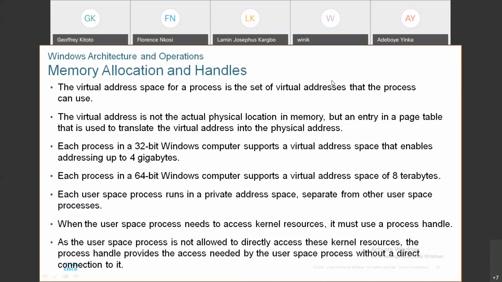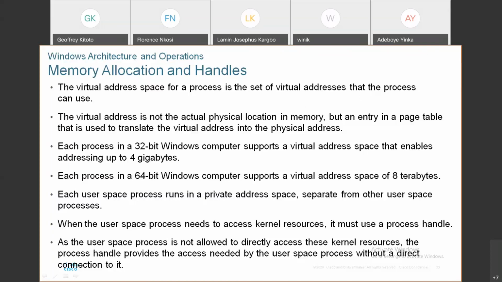The virtual address is not the actual physical location in memory, but an entry in a page table that is used to translate the virtual address into the physical address.